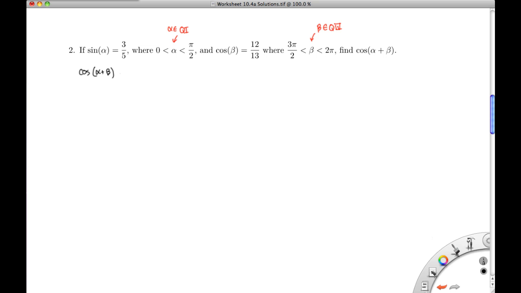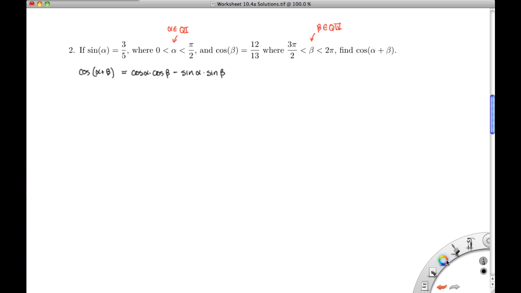Using the sum and difference identities, we know that this is equal to the cosine of alpha times the cosine of beta minus the sine of alpha times the sine of beta. So if we knew the sine and cosine of alpha, the sine and cosine of beta, it would just be a matter of plugging these values in and getting a solution.